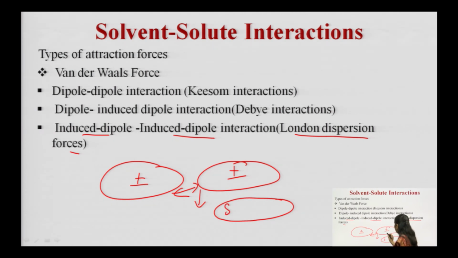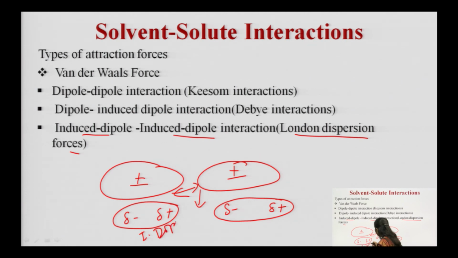Due to this disturbance, dipoles will be created. So an induced dipole is created here, and here also you have an induced dipole. The attraction force which exists between these two induced dipoles is known as London dispersion force, and it is very important when we are considering non-polar solvents and non-polar solutes.